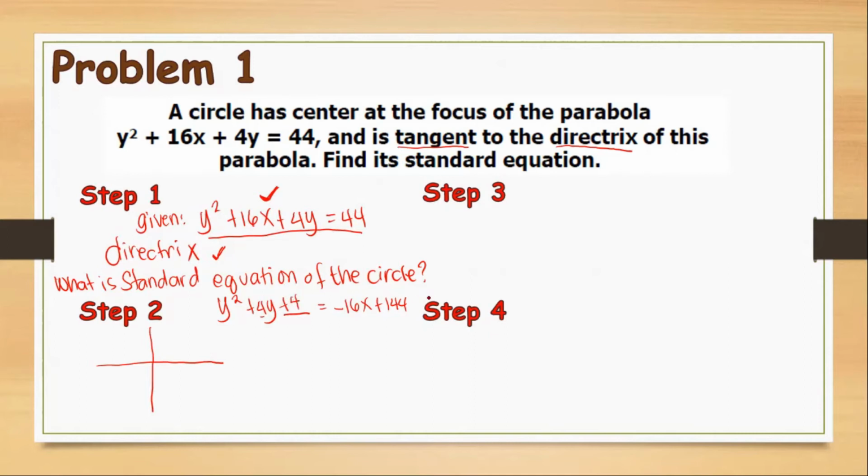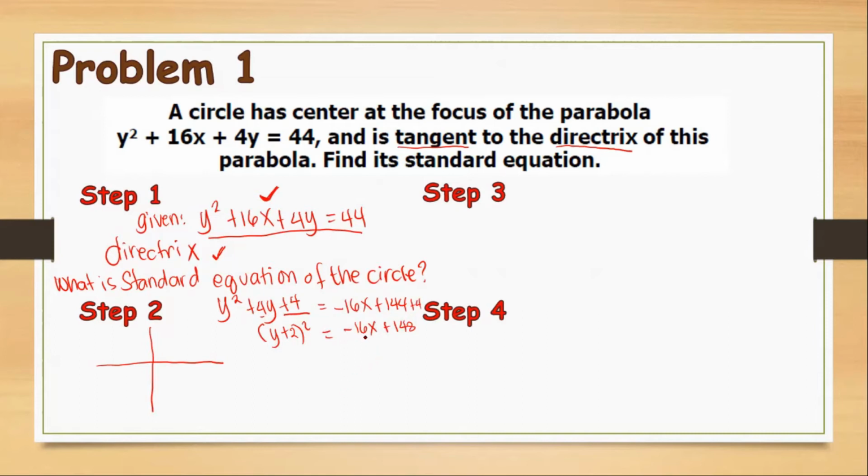That's why we have 4 here, and we also have to add 4 there. So this is (y plus 2) quantity squared equals negative 16x plus 148.